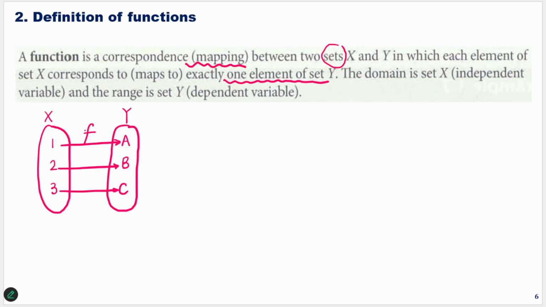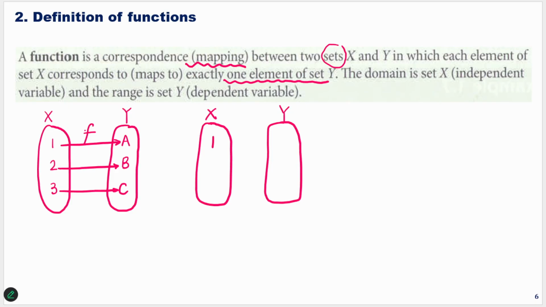And of course, there might be some other possibilities. For example, we can draw another mapping relation like this. Again, let's call it set x and y by default. Of course, you can also use some other letters, a and b, but we'll just use x and y here, which are commonly used letters to denote two sets.